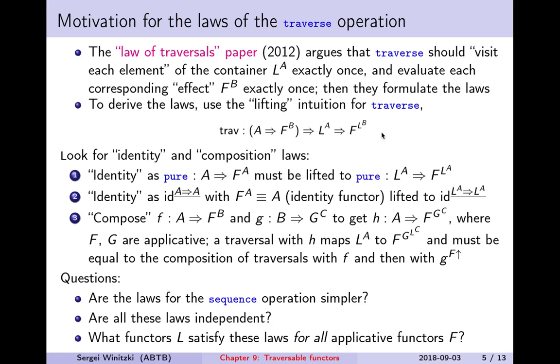And in every single example, there were identity law and composition law. And these laws were equivalent to all the other set of laws that were derived from intuition. And these laws also corresponded to some category laws.